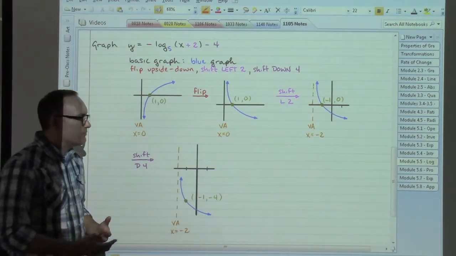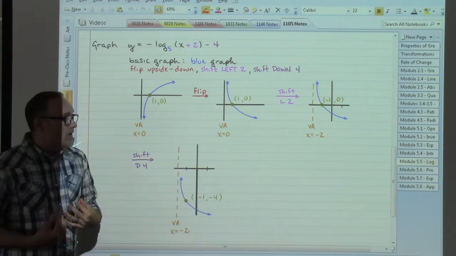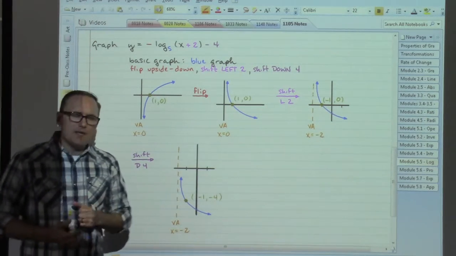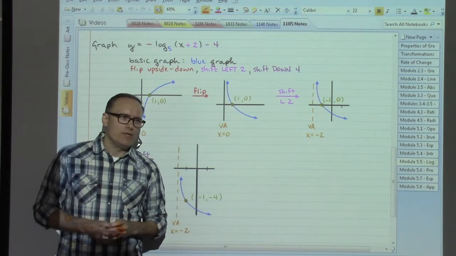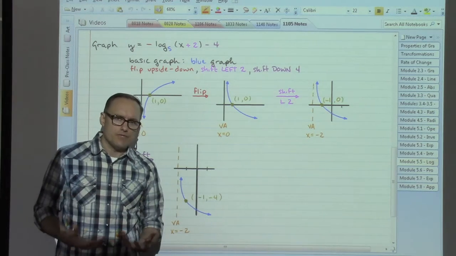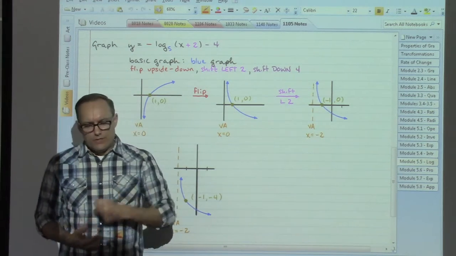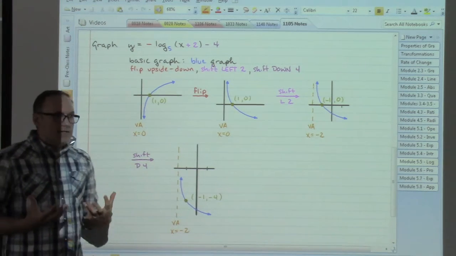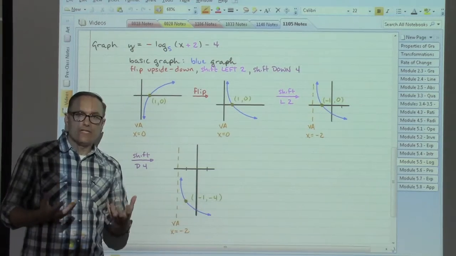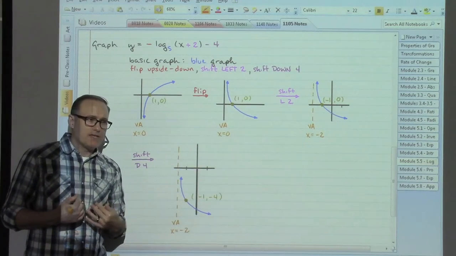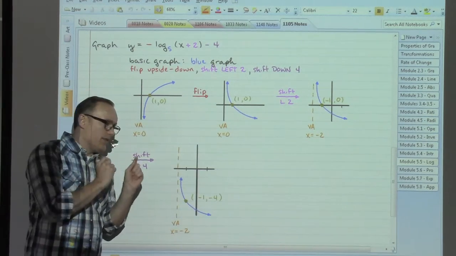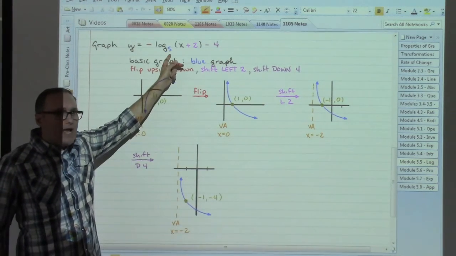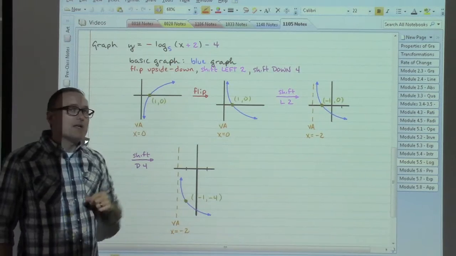So still got those transformations in effect. Again, we can also graph stuff on our graphing calculator, but it becomes a little bit more of a challenge with the logarithms, and we need some other stuff at our disposal. So we've got that coming up as far as giving us a little bit more versatility in graphing things with the graphing calculator that we don't have at the moment, because our graphing calculator doesn't allow us to just type in whatever base we want.